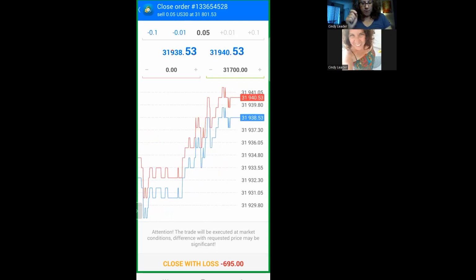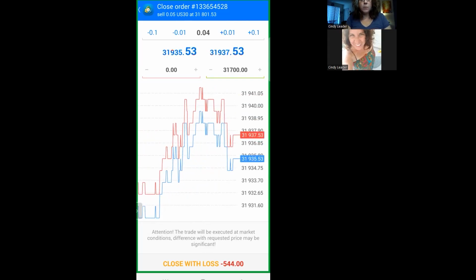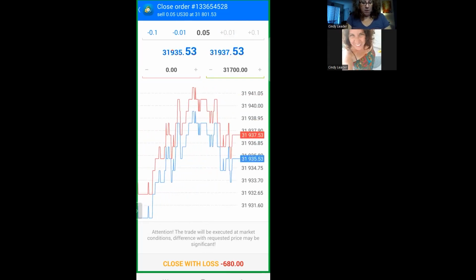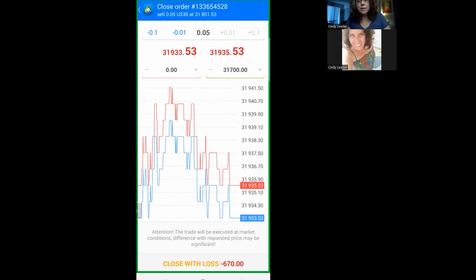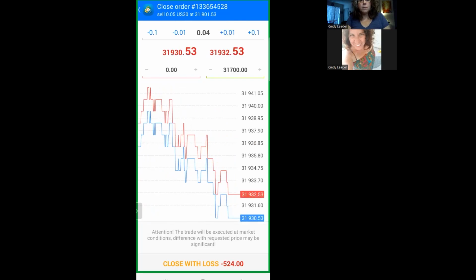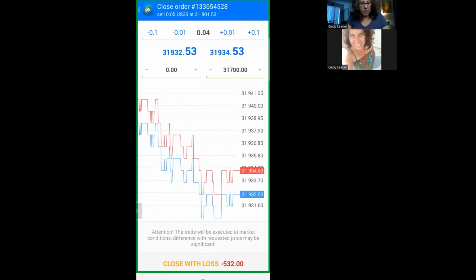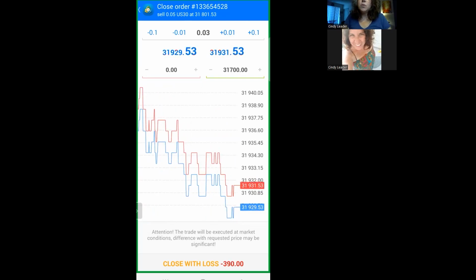Just a 0.01? So now please notice that down the bottom here, there's such a delay, it went from 670 to now 524. This is what you would close to save yourself.